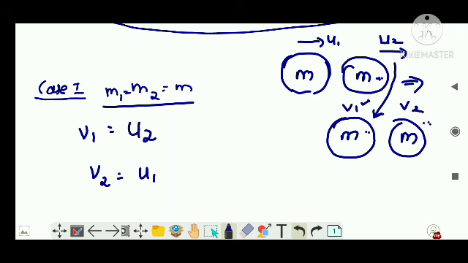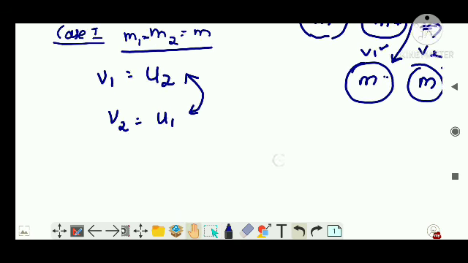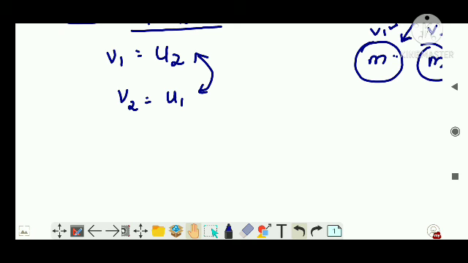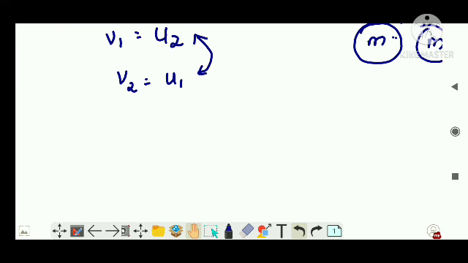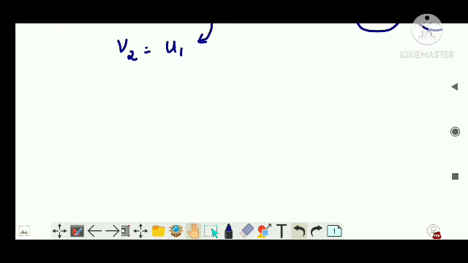So I can say there has been an exchange of velocity between the two masses. Clear? This is a very important criterion to solve some problems. So in elastic collisions, two equal masses exchange velocities. Using this, there are very beautiful questions.